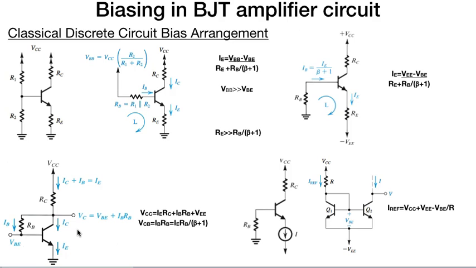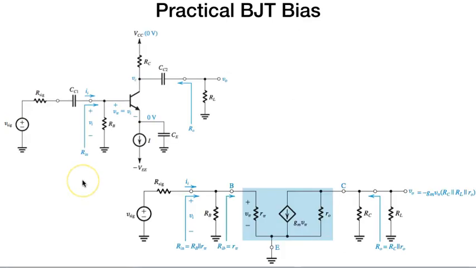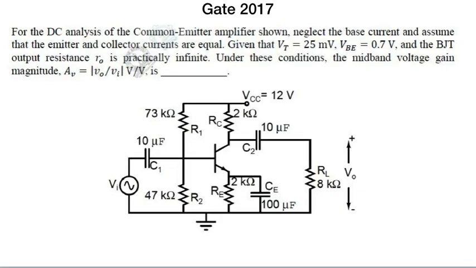at the time of solving actual questions. Okay. The practical BJT looks like this. They have capacitors connected across them. Now let's look at one of the 2017 GATE questions. As you can see, an emitter resistance is connected, so it will be beta free.